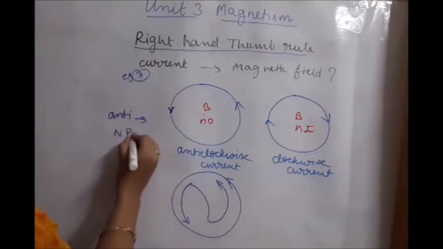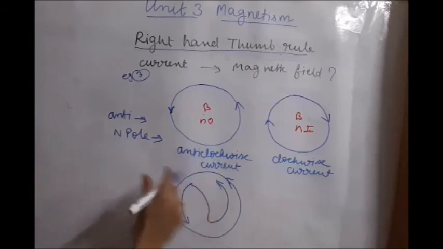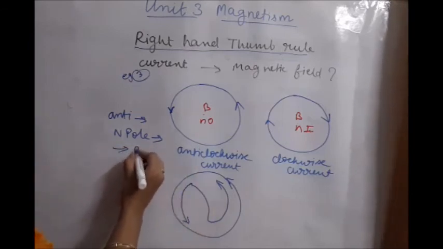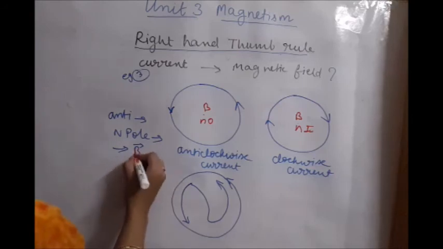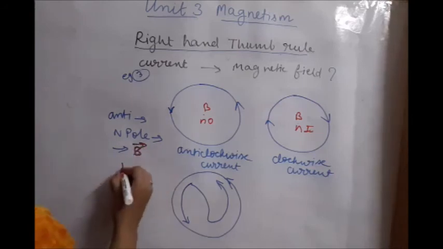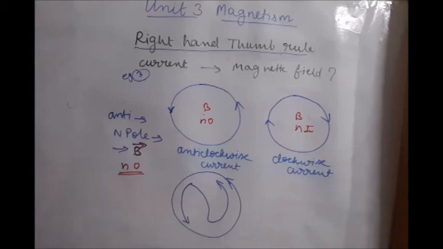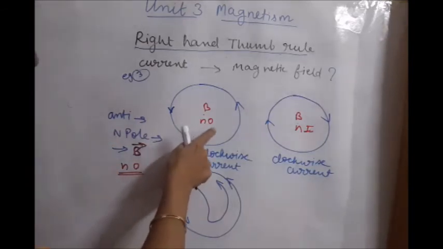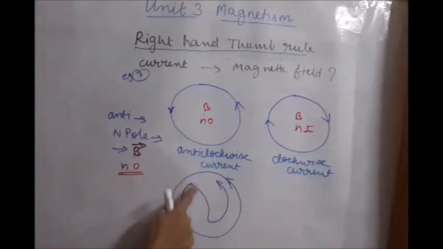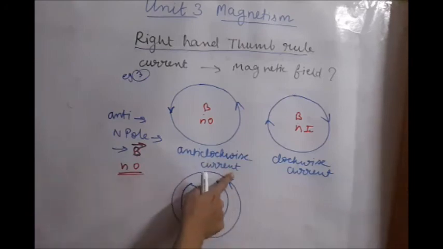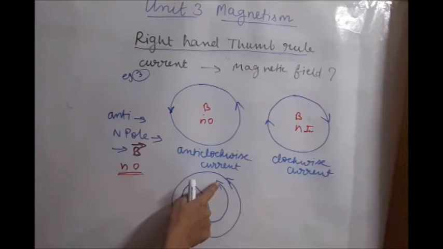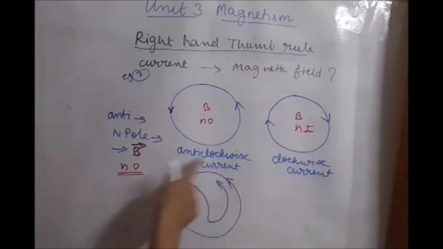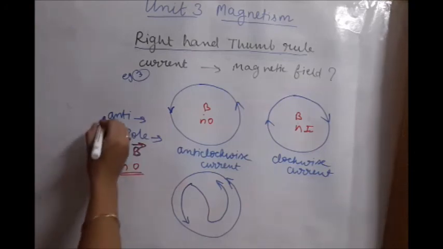NT means N pole, and for N pole the direction of the magnetic field is normally out. From NT you learn N pole. And how to remember NO direction? Normally out direction. You see N O. N we have made inside the current, and this loop is O. So NO. Remember it in this manner.